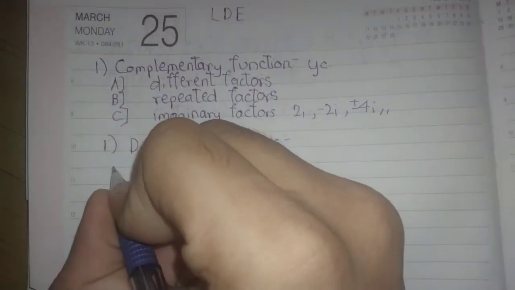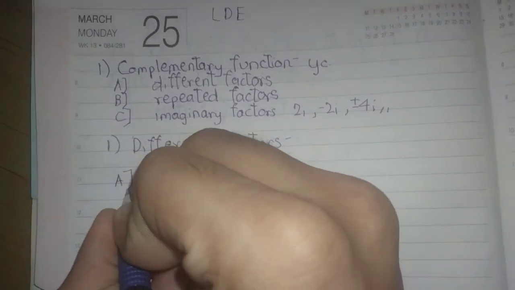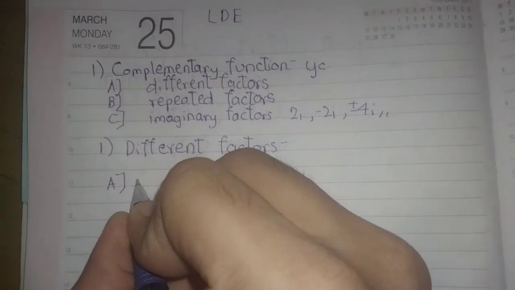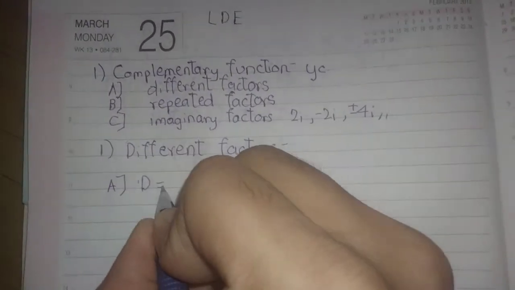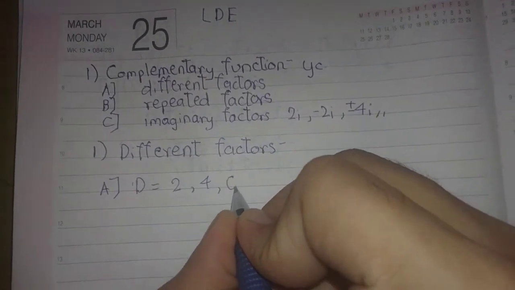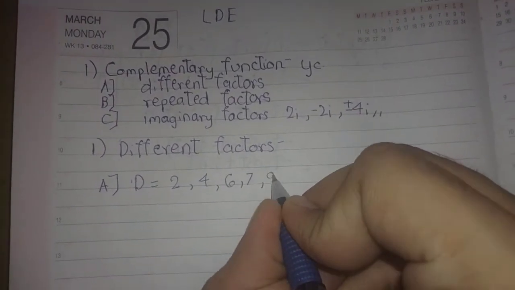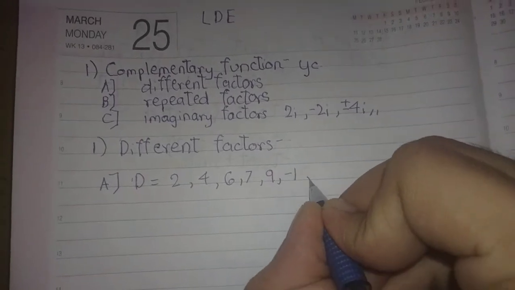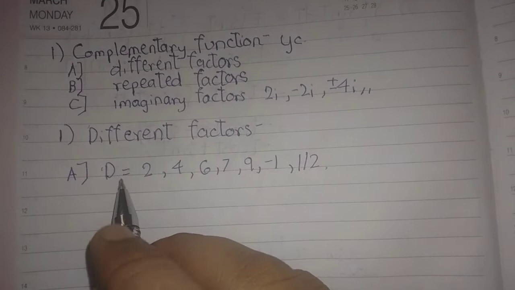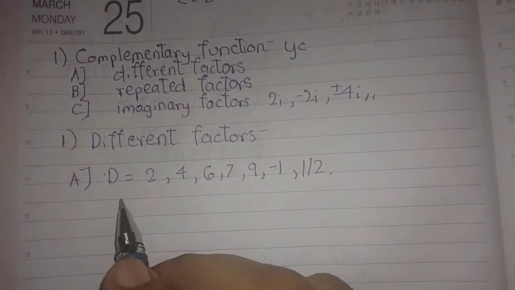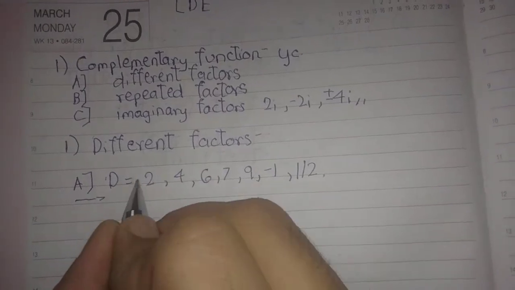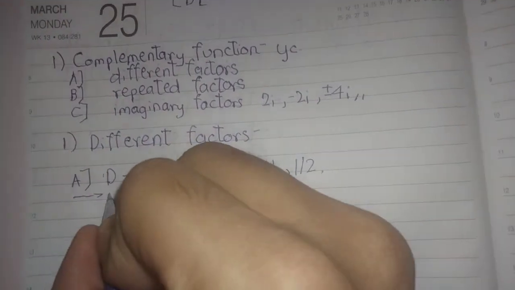We can take an example like A. Assume D is equal to 2, 4, 6, 7, 9, minus 1, 1 by 2. Now these are the terms we are being given, and then somebody asks us to find the complementary function.